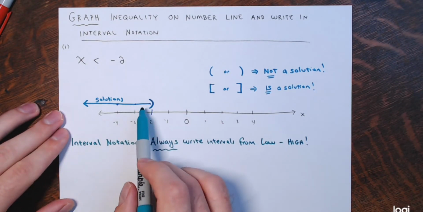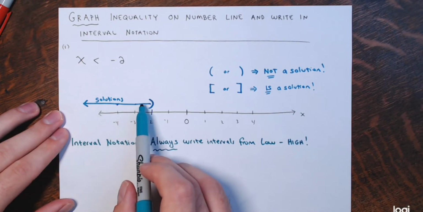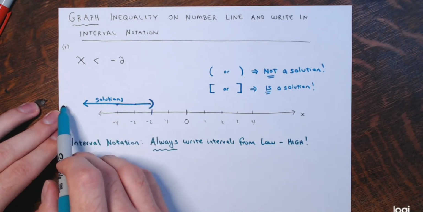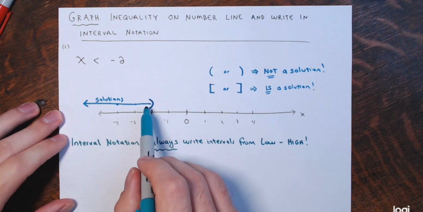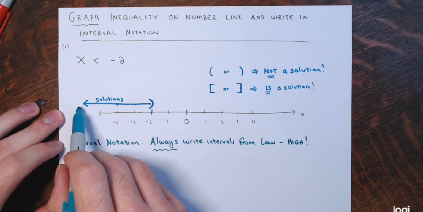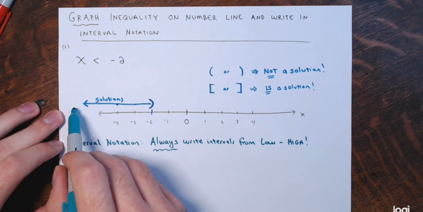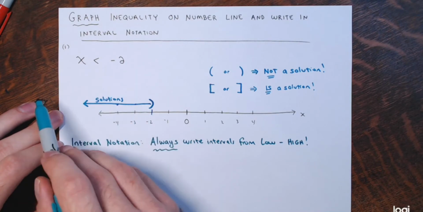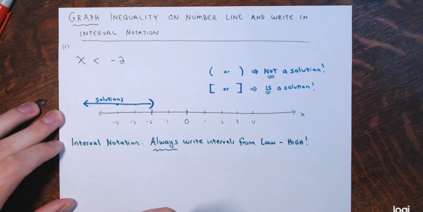Alright, so what you do is you first put, in this set of solutions, what is the lowest number in this set? Well, there is no lowest number. It's going to the left forever. Negative a million is less than negative 2. Negative a billion, negative a trillion. So there is no lowest number.